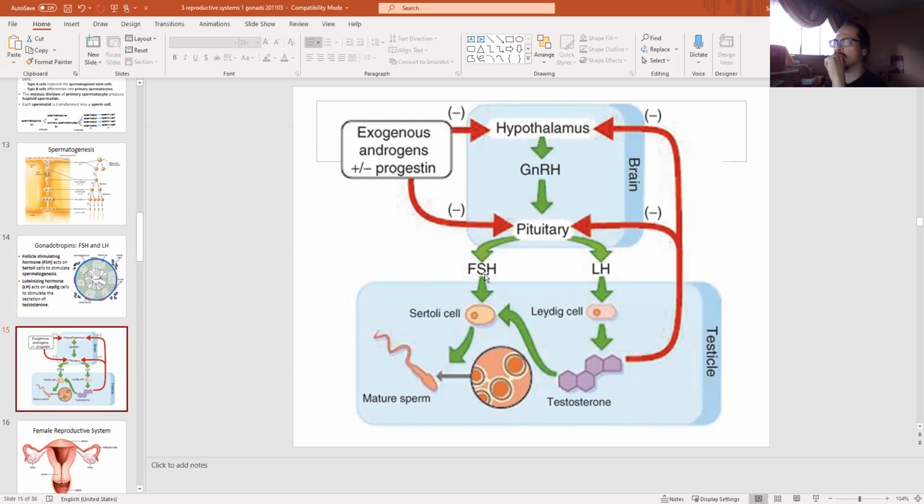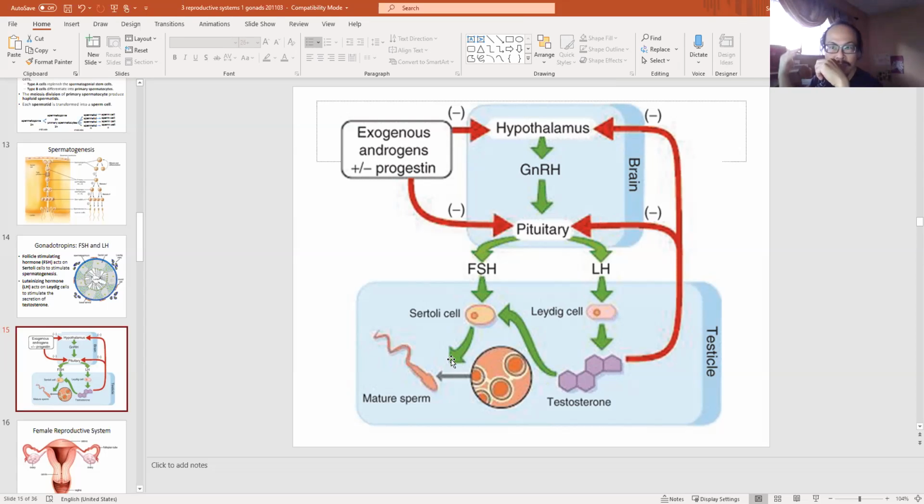FSH acts on the Sertoli cells to support spermatogenesis, the sperm cell development. LH acts on the Leydig cells. Leydig cells release testosterone. This will be released in the blood and support the development of the male characteristics. It will also act on the Sertoli cells to support them, and then indirectly induce spermatogenesis, the sperm development. So that's that.